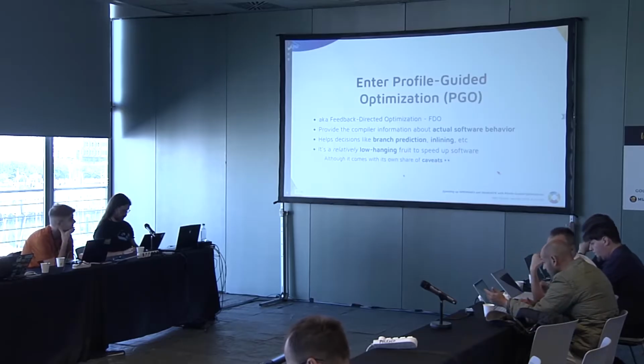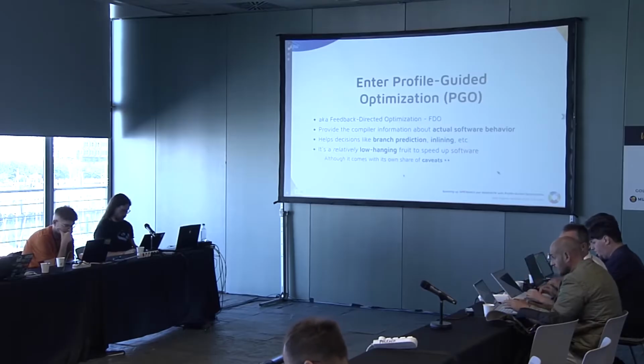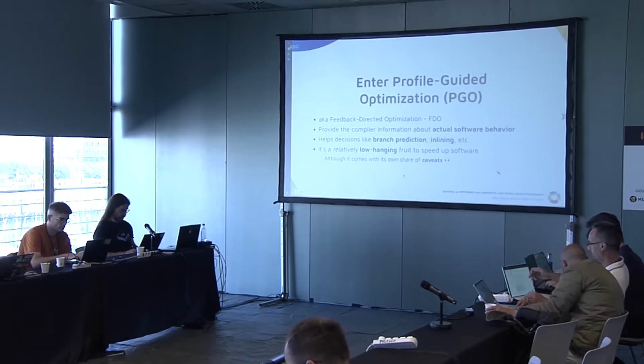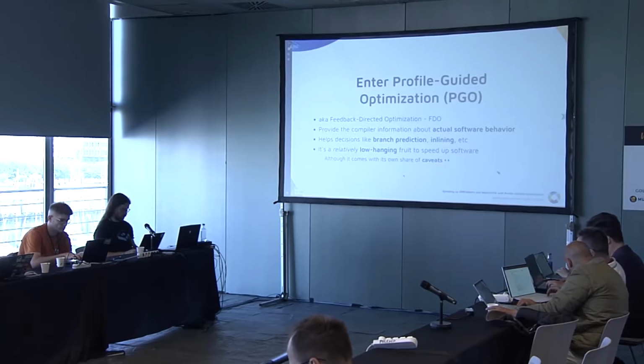And PGO is relatively low-hanging fruit to enable, if we do it right. I mean, it's low-hanging fruit in comparison to more intrusive approaches like large refactorings of the code, because usually PGO doesn't require any changes to the code, so it's easier to enable.